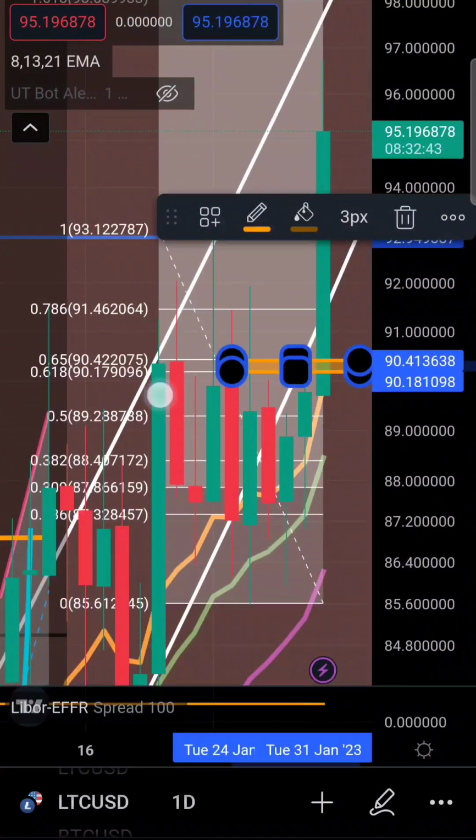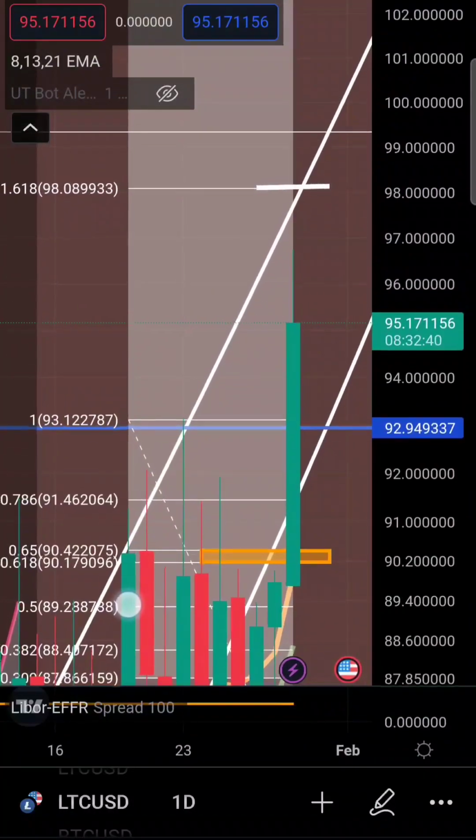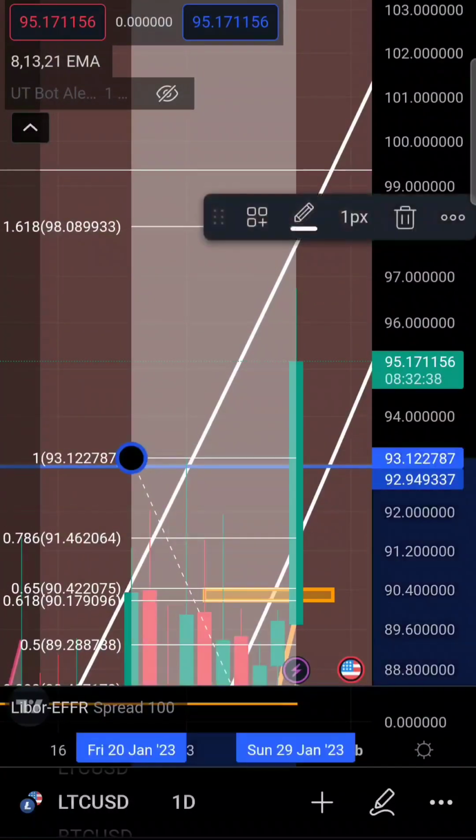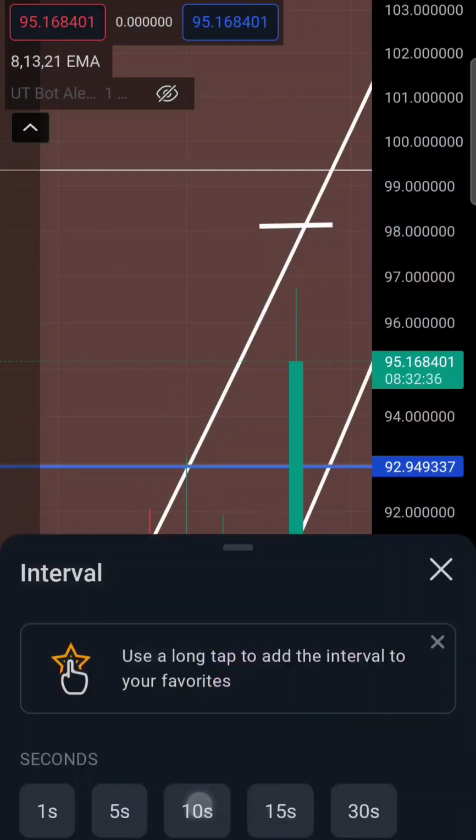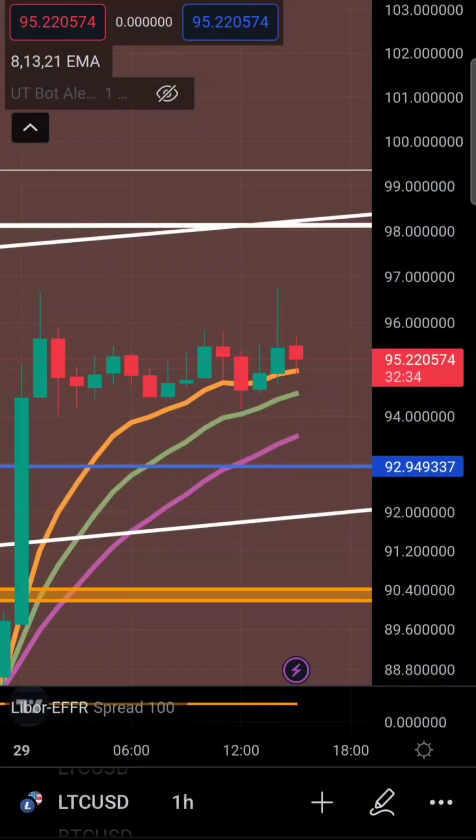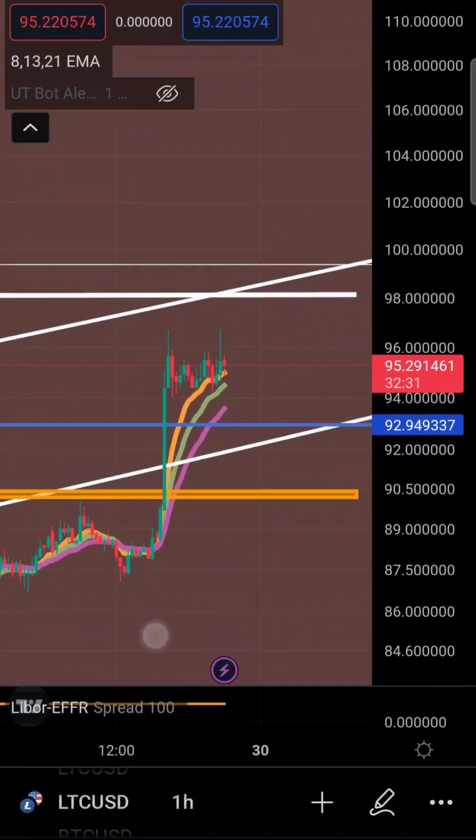And once we got above $90, we broke up. And as you see, we clearly are going up. 1 hour time frame.